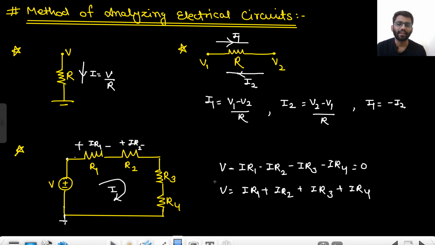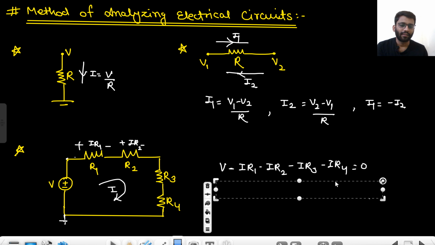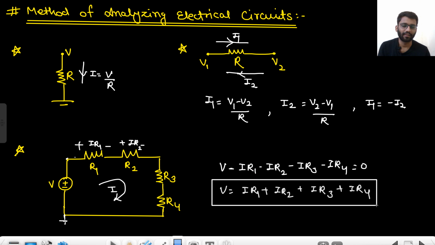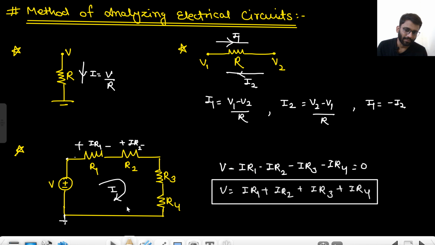So basically what is happening here? The potential V is getting divided into IR1, IR2, IR3 and IR4. This potential V is getting divided into these resistances.